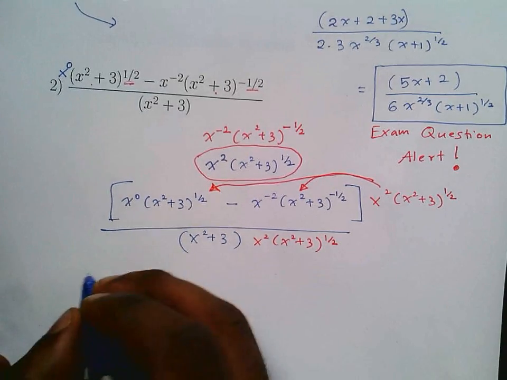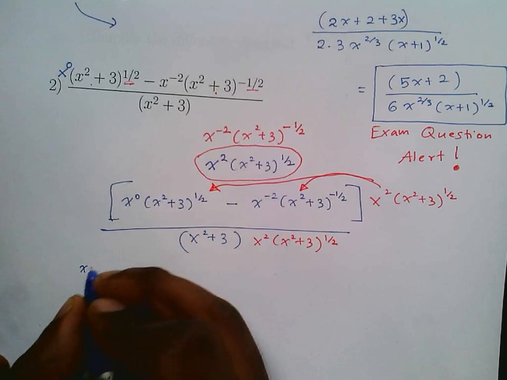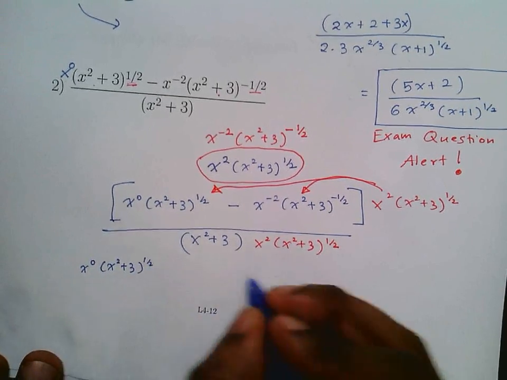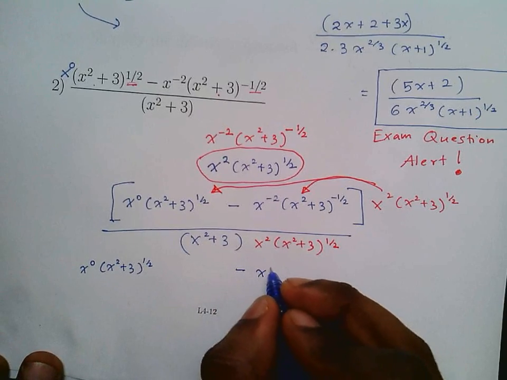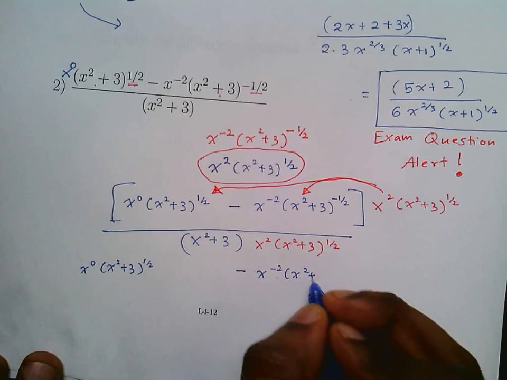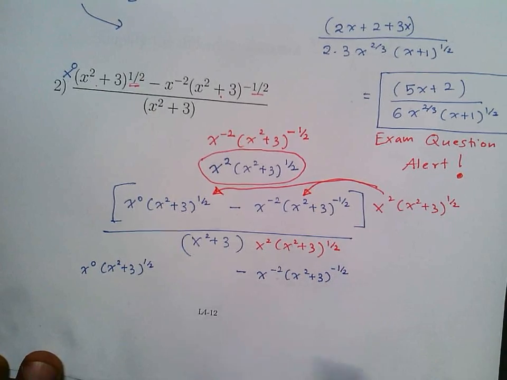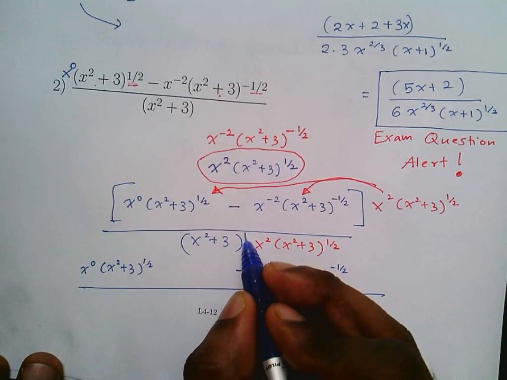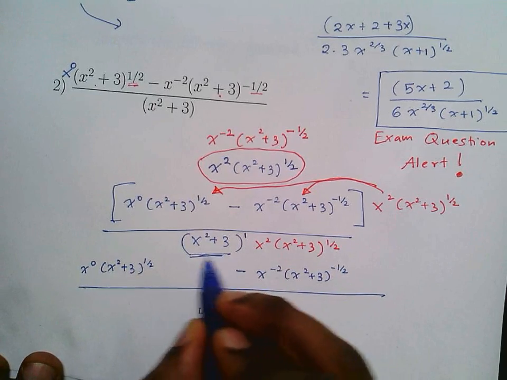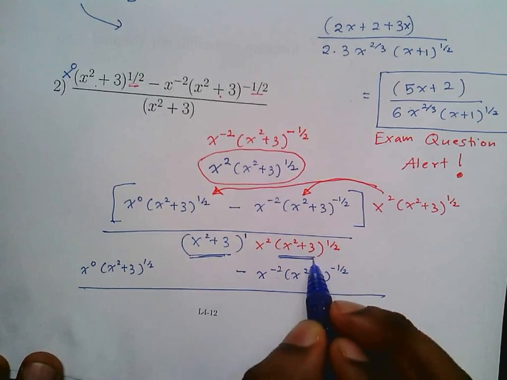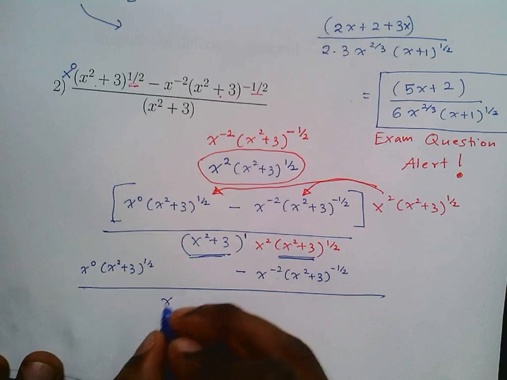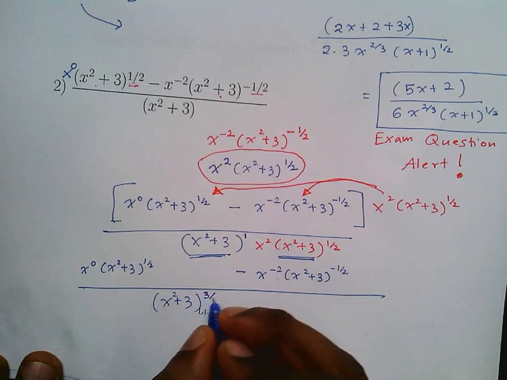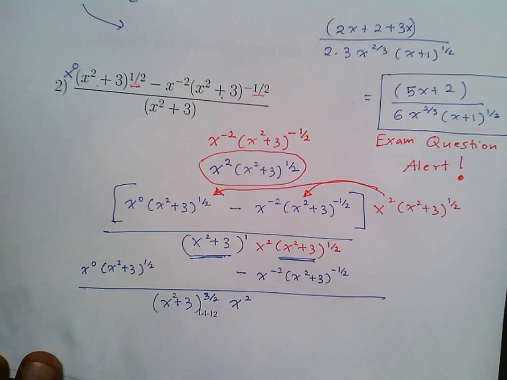Okay, so just write it again. All over. This is power to the 1. So the same thing to the power 1, same thing to the power 1/2. So you can add them. So that would be x squared plus 3 to the power 3/2 times x squared.